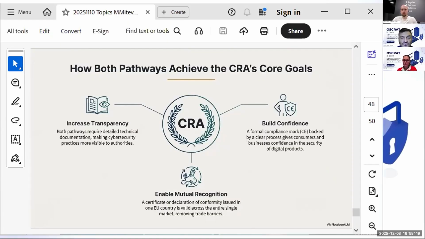They also enable mutual recognition across the entire EU single market, meaning a product assessed in one country can be sold in all member states without additional checks. This goal supports a more secure and more integrated digital economy.